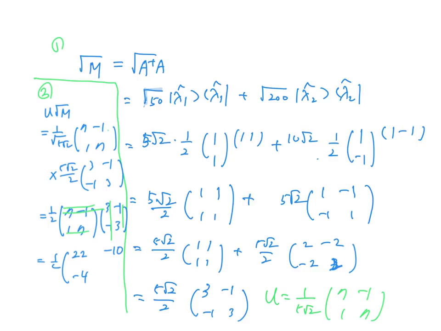U, so 7 minus 1, 7, so 3, 20. Minus 22. Where is this? Minus 1.